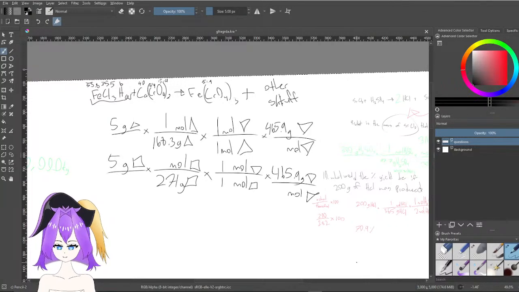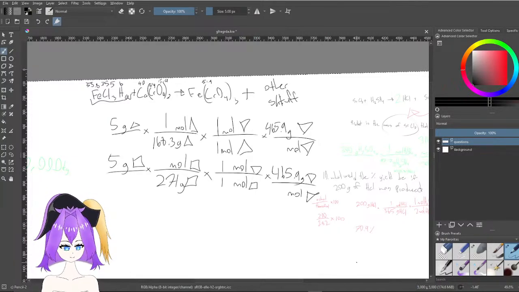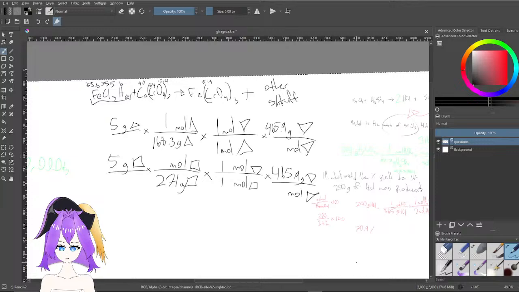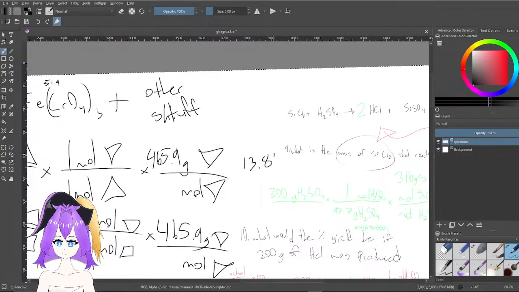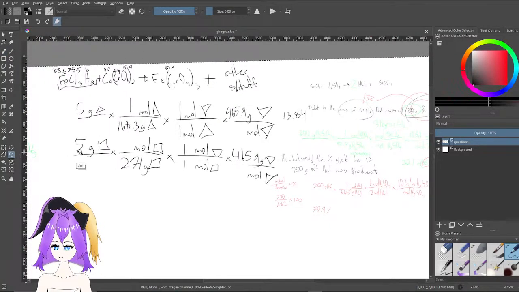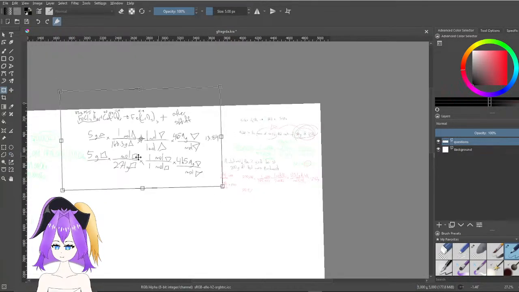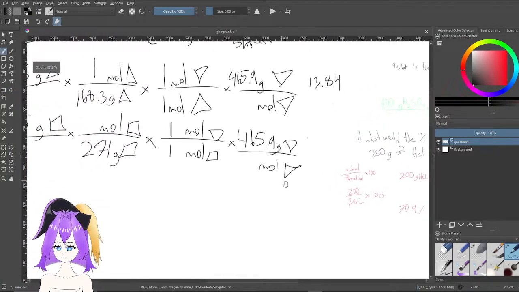So 5 divided by 168.3 times 465.9. 13.84. Okay, let's grab this and move this actually. And then we go like this.